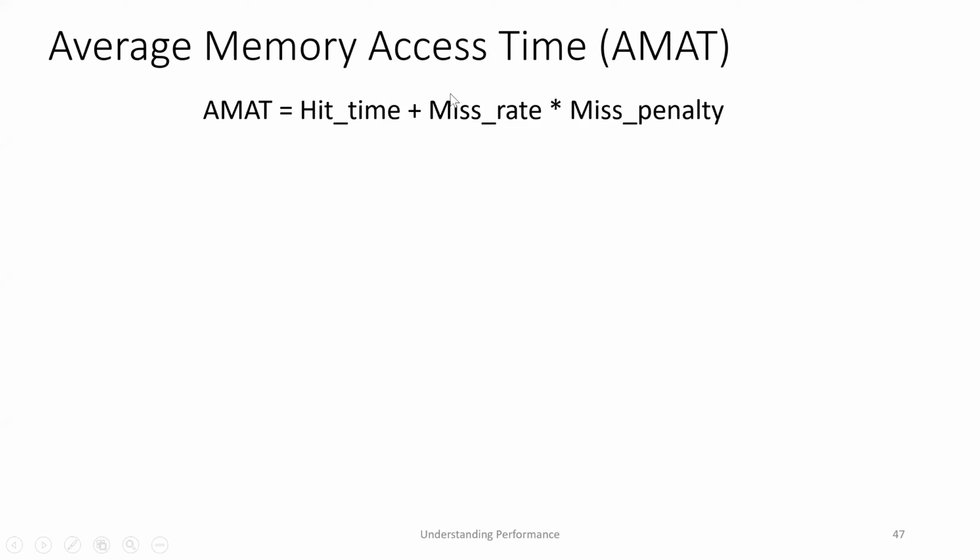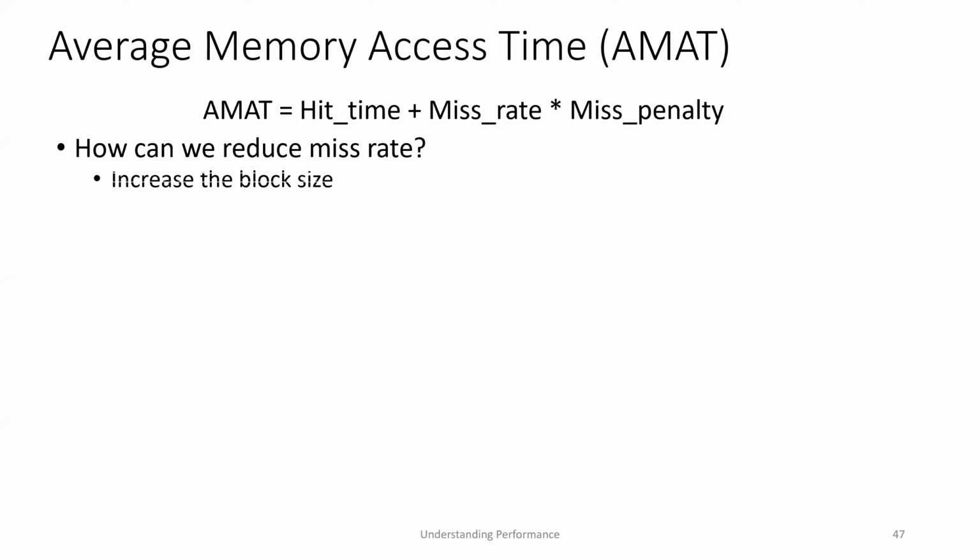Ideally, we expect the miss rate to be 0. So AMAT is the same as hit time, meaning that all the lookups to L1, L2 or L3 are practically hits. But that's not the practical scenario.